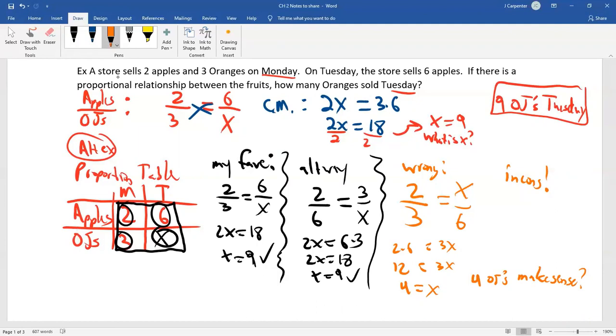So no, this does not make sense. If there were more oranges on Monday, if the apples go up, there should be more oranges than Tuesday's apples. See, the apples went from 2 to 6. The oranges were bigger than the apples, so they should still be bigger than the apples. 4 is not bigger than 6. We did this wrong because we were inconsistent.